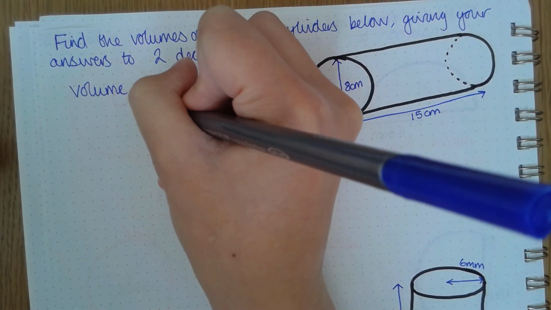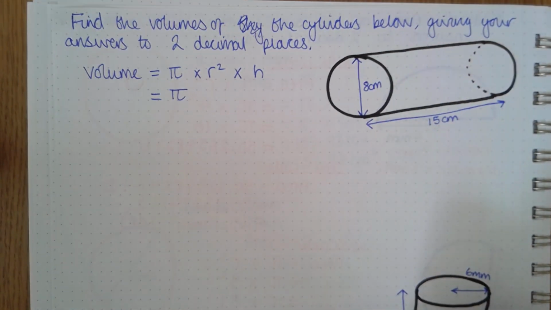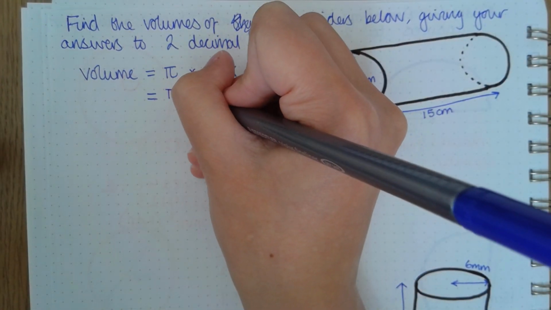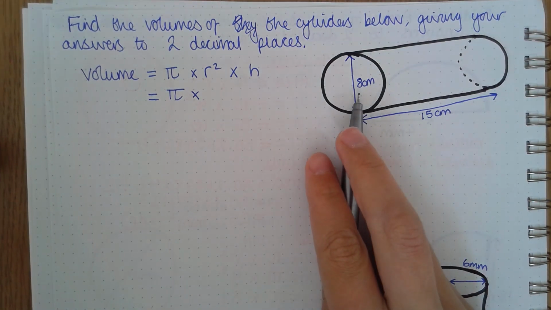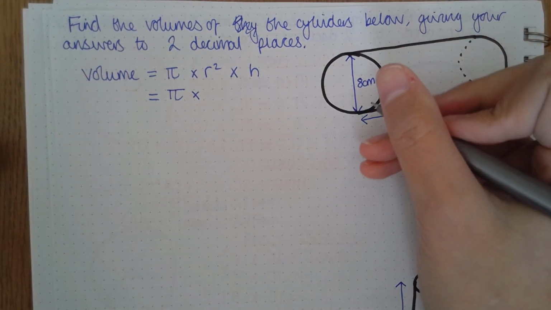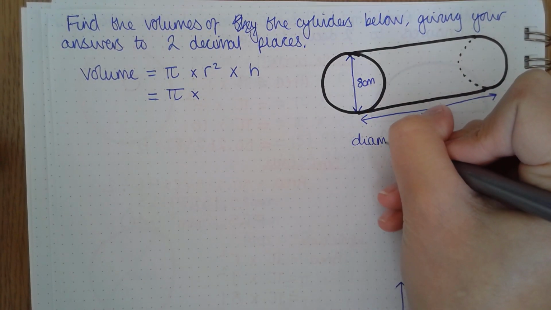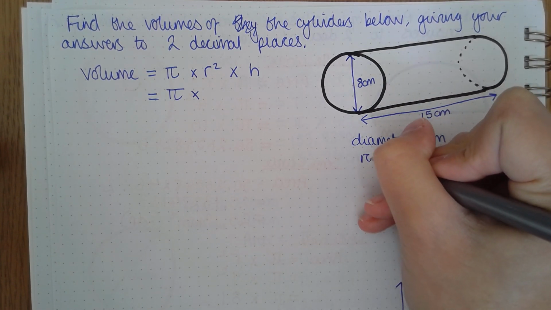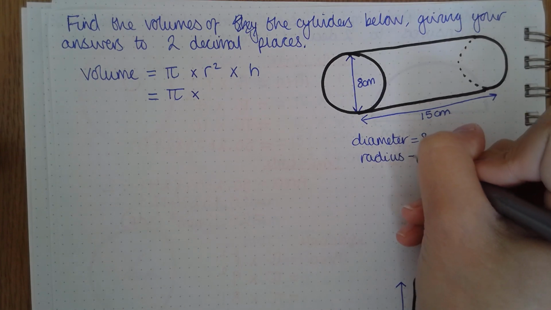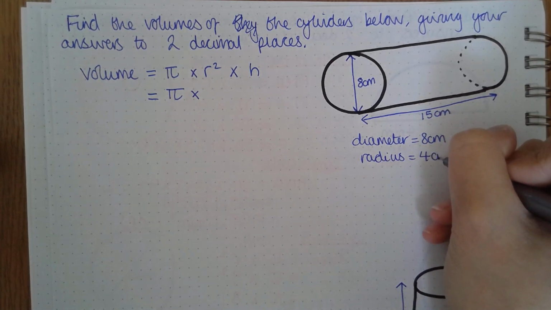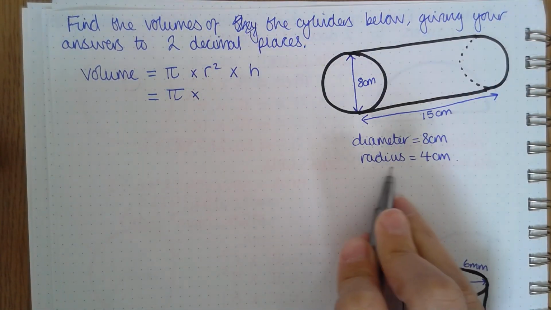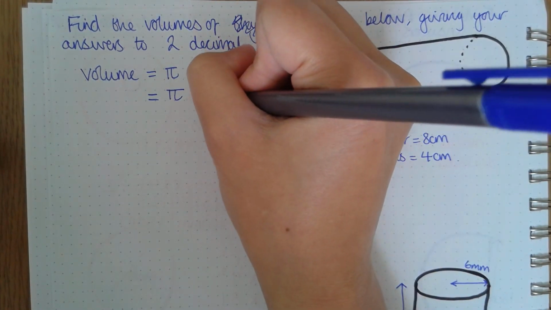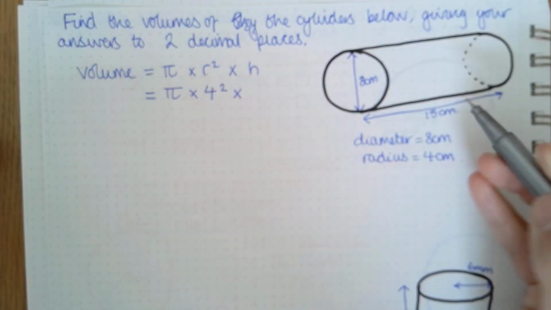Pi stays the same because that's what we type into our calculator, it's a number, times radius. So my radius here, we can write down the diameter is 8 centimeters and the radius is half the diameter, so 4 centimeters. So r is 4 squared times h.